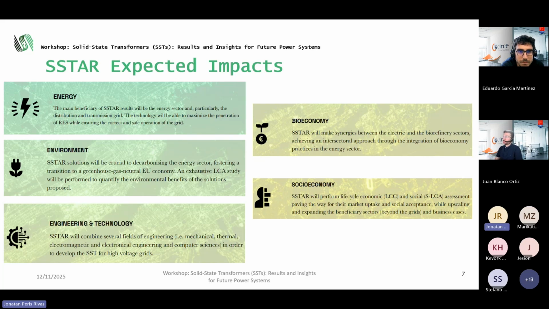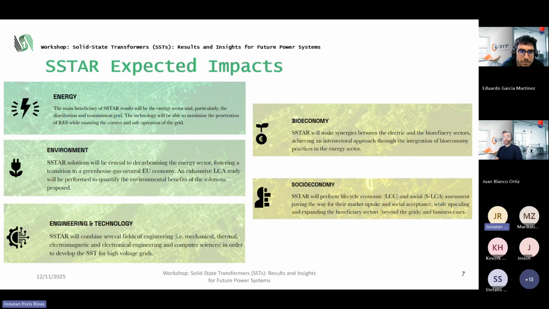Environmental impact: through the use of sustainable materials and CO2 emission reductions. And economic impact: opening new market opportunities for European industries in the advanced power electronics and transformer sectors.